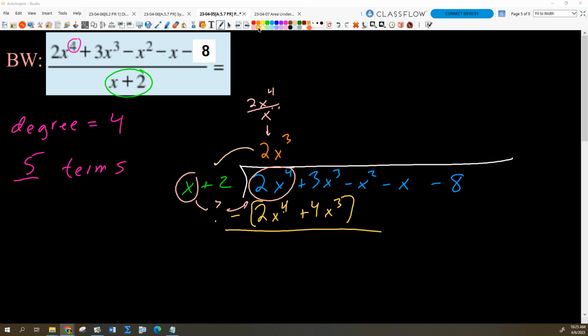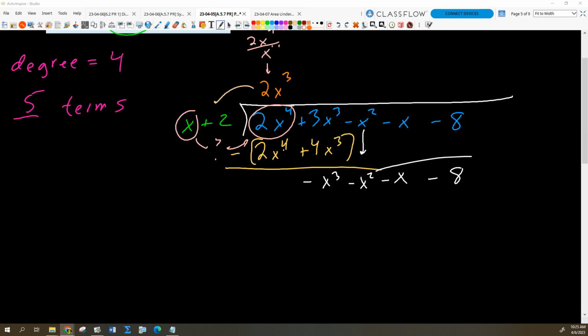3x cubed minus 4x cubed is what? Negative x cubed. What do I do with all these other guys? Drop them down. If there's no term below, I just drop the top term down. Okay? Go again. Just x times what is negative x cubed? Negative x squared.